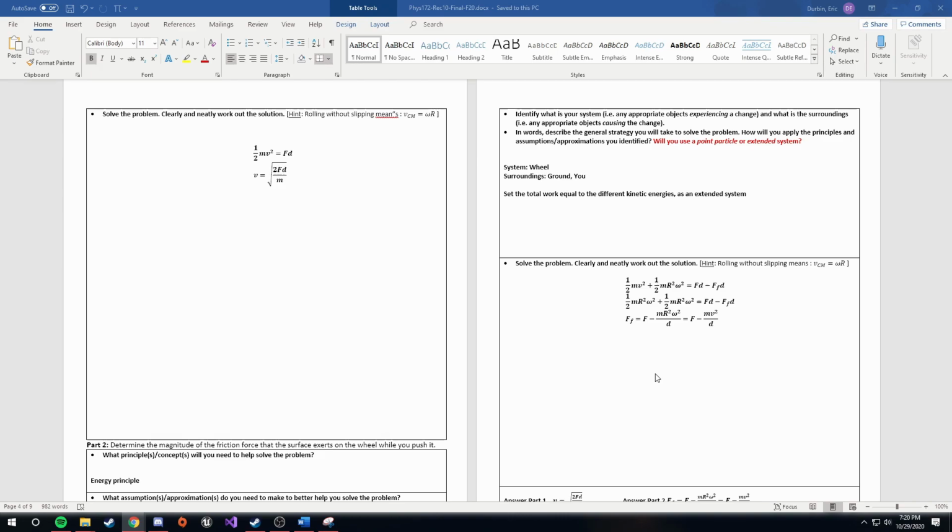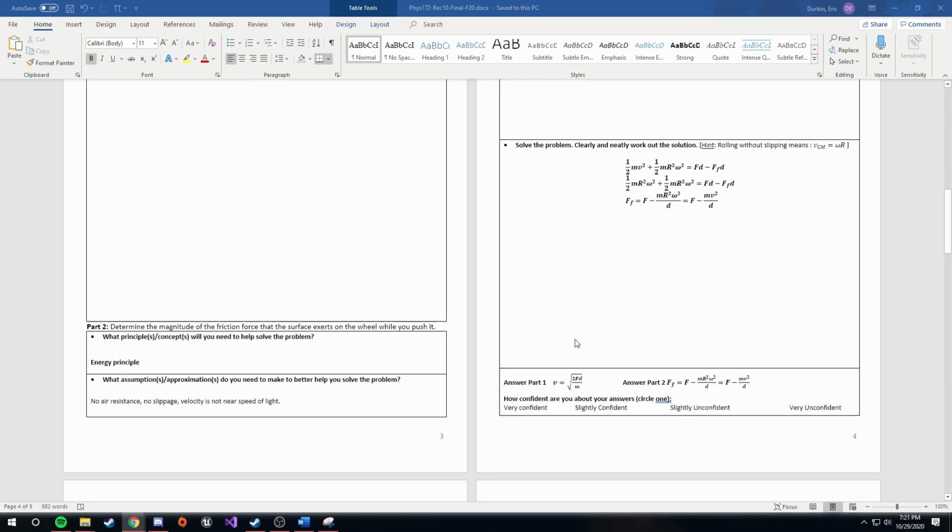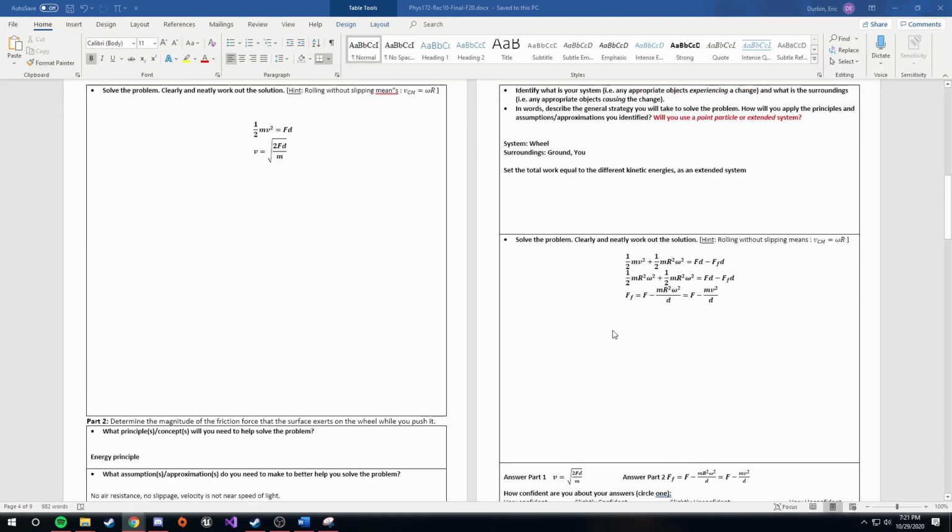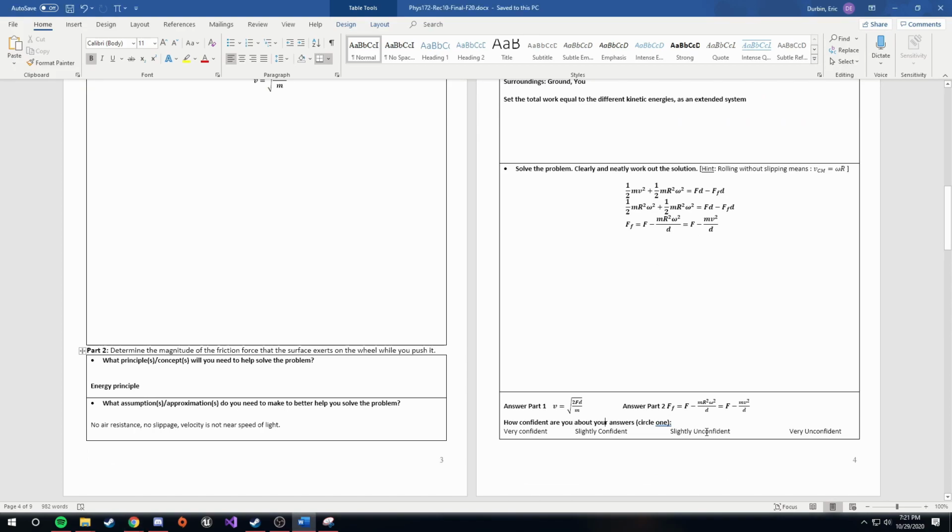Alright, I'm back. Okay, so how confident are we in these answers? Very unconfident. Is unconfident a word? What are we looking for? Well, according to this document. Wait, what does this mean? How do we measure confidence?